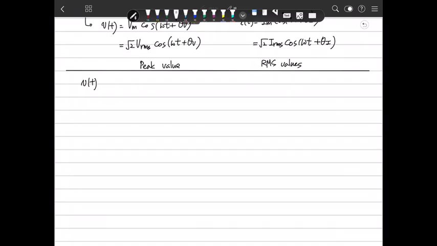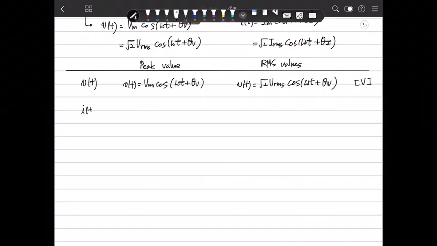Then v(t) is the magnitude of voltage Vm cosine omega t plus theta V. Then that can be represented as root 2 V RMS cosine omega t plus theta V. Unit of this is volt.